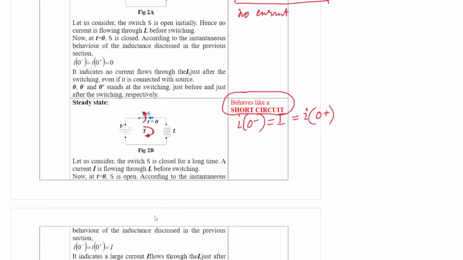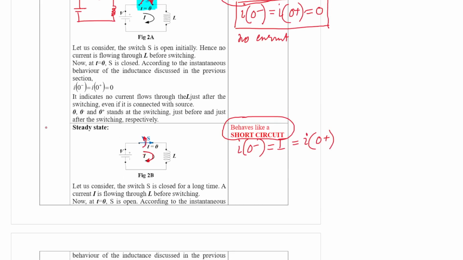So we can understand that at transient state, an inductor behaves like an open circuit, and in steady state it behaves like a short circuit. That is the logical explanation.